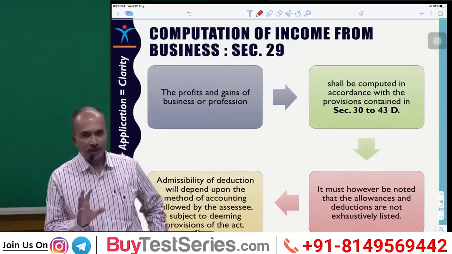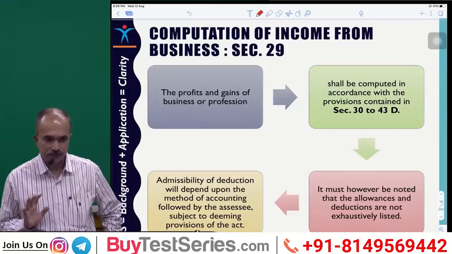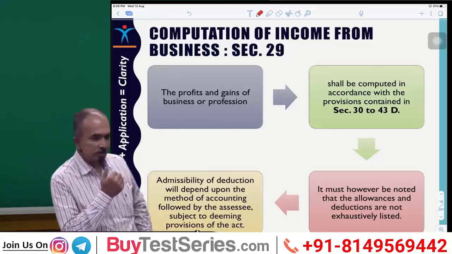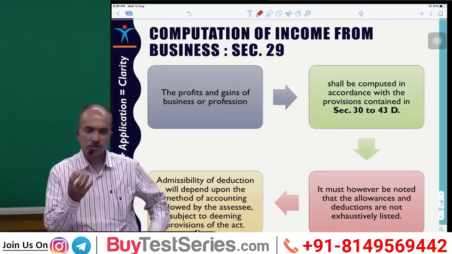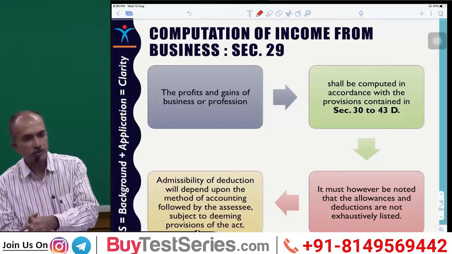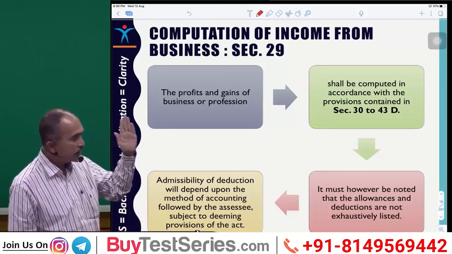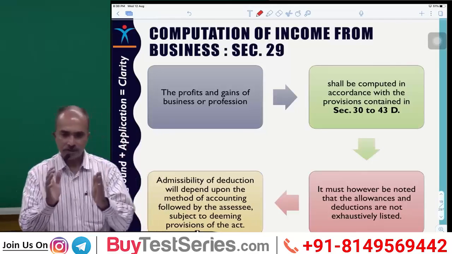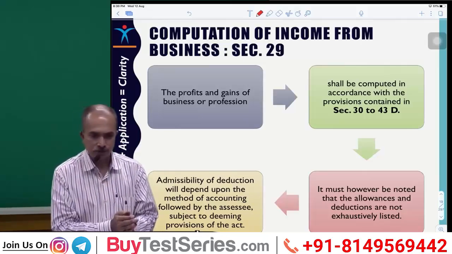Now, with that background, we now go to the computation process. Right? Now we start the discussion of computation. Now we have a base of what all sorts of income are supposed to be covered under business, what is not supposed to be covered under business profession. Okay? Now, I look at a transaction, I know this transaction should be hit by business profession.